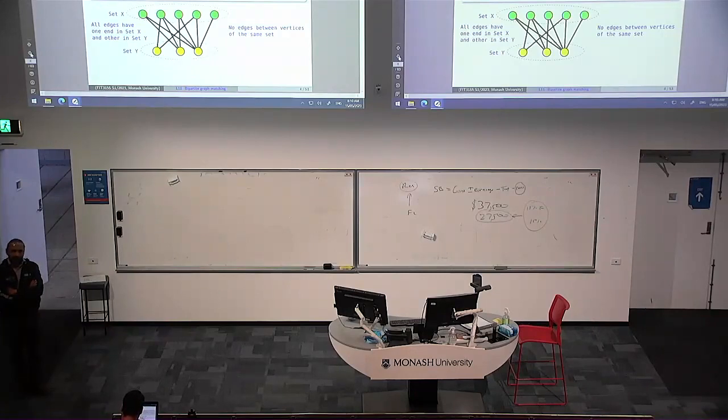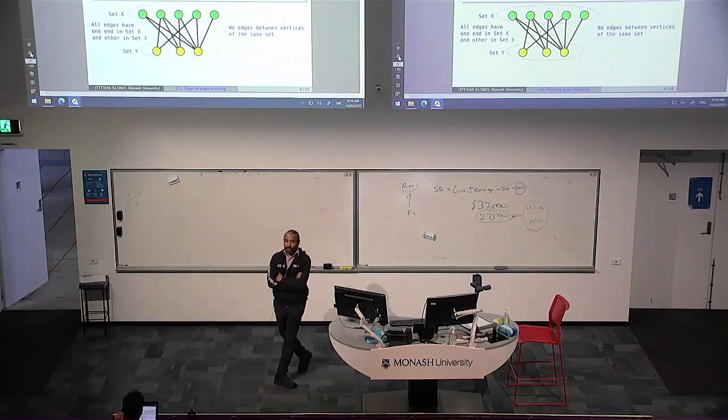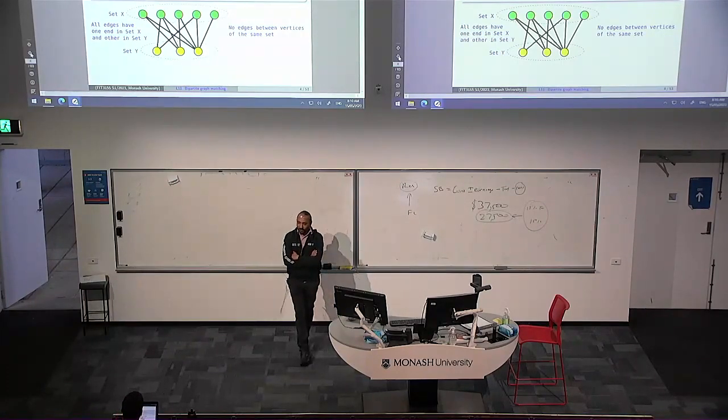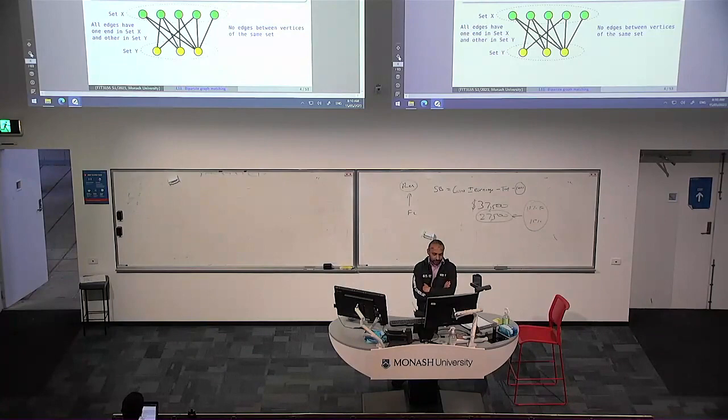Does that make sense? Bipartite graphs are ubiquitous. They arise in many real-world modeling tasks, and you usually have algorithms that deal with graphs of this kind. Any questions about what a bipartite graph means? Okay, that's what this is saying.